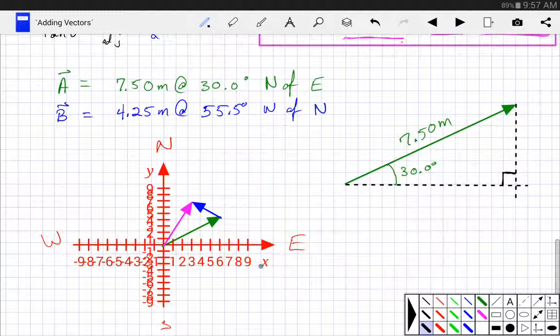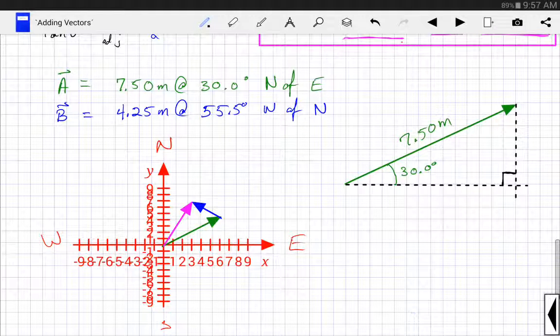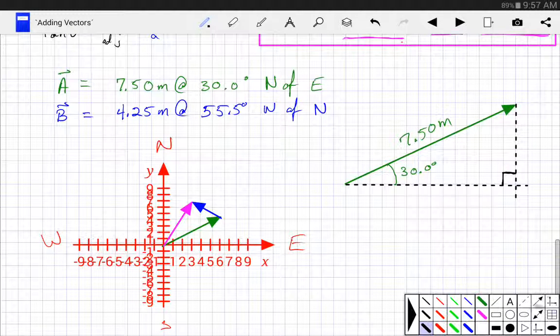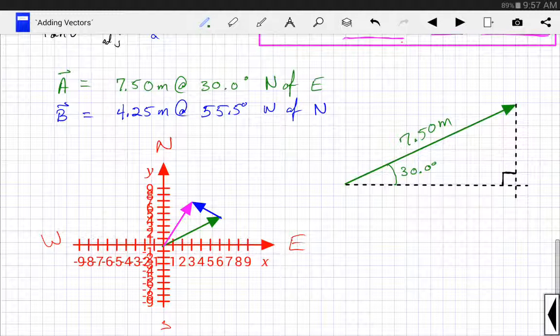Now notice east is x, so I'm going to use x hat and y hat. X will represent east, y will represent north. If I want to find how much is in the x direction, then I simply ask which side of the triangle is the x component?